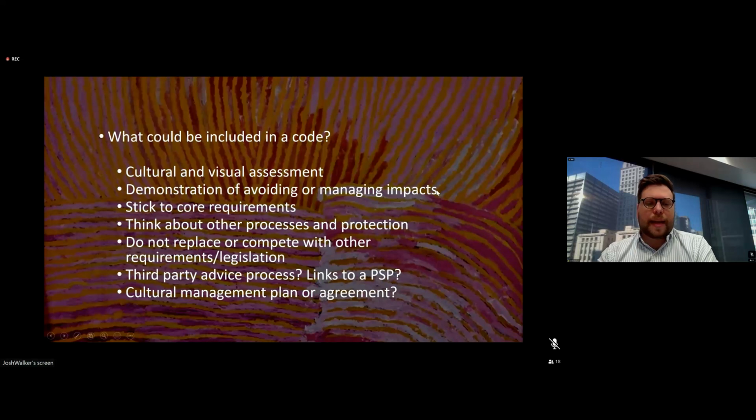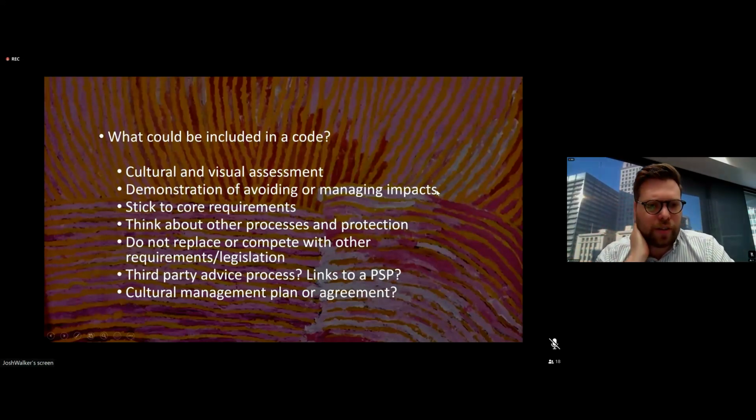And again, in terms of the code, you might want to trigger things like a cultural and visual assessment in particular locations where it might impact on particular values. There might be a requirement to demonstrate how you avoid or manage impacts on Aboriginal interests.